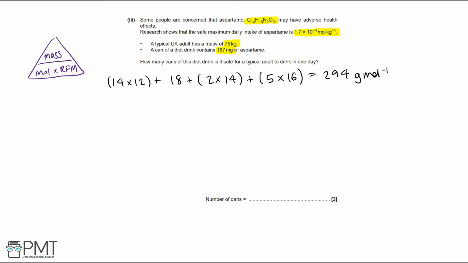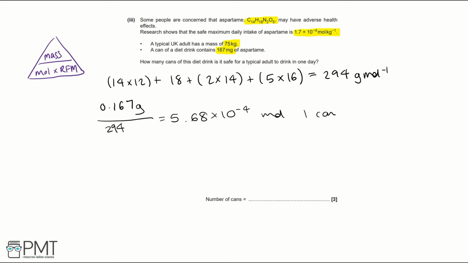The way we're going to work this out is milligrams divided by relative formula mass will give us moles. So 0.167, that's milligrams divided by 1,000 to get grams, and then we're going to divide by 294, and that equals 5.68 times 10 to the negative 4 moles in 1 can.